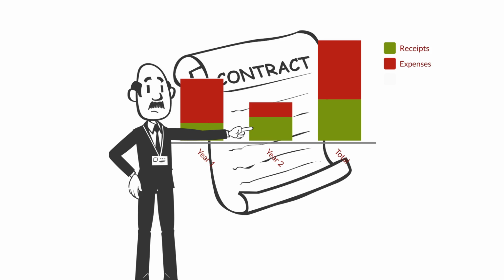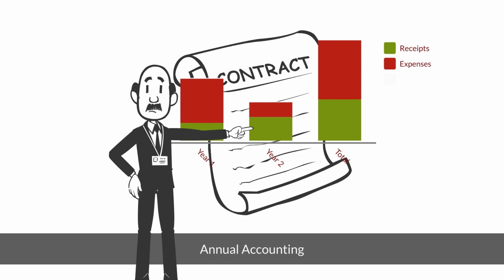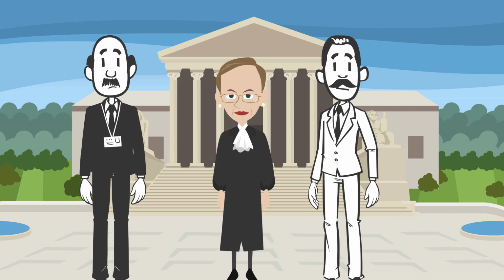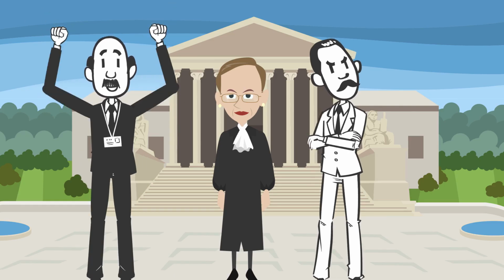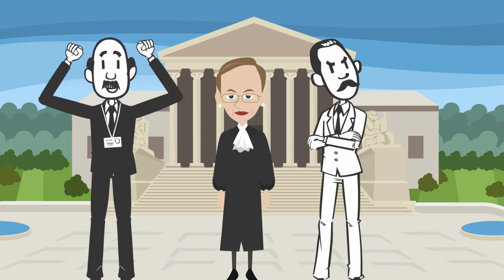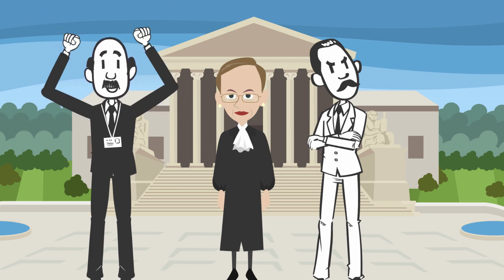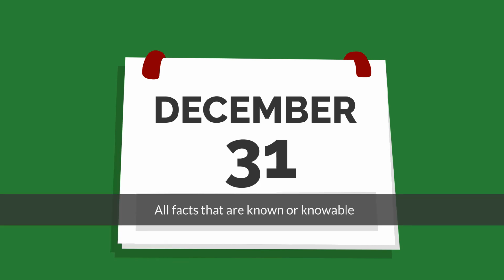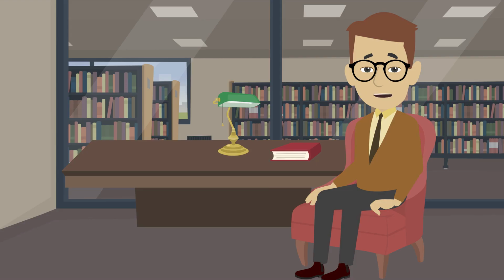In other words, an annual approach to taxes. The Supreme Court agreed with the government. It held that on the last day of your tax year, you have to take a snapshot of any facts that are either known or knowable to you. You can't even wait until the first day of the next year to see if anything changes.